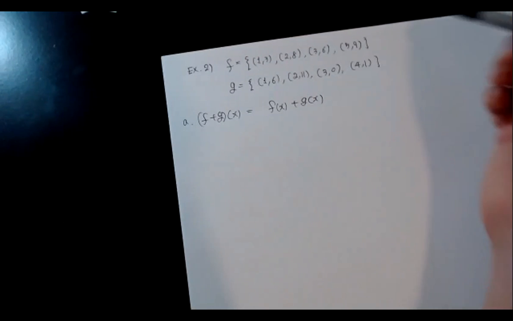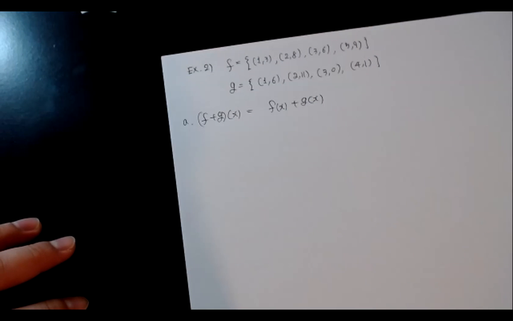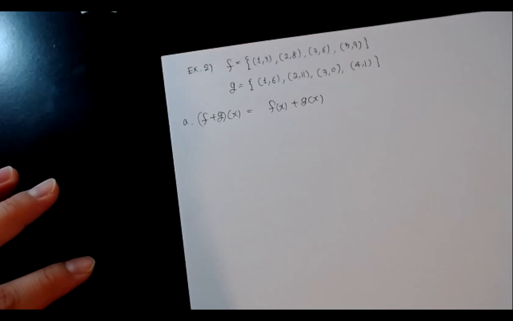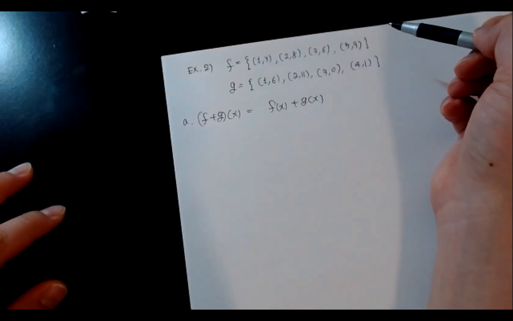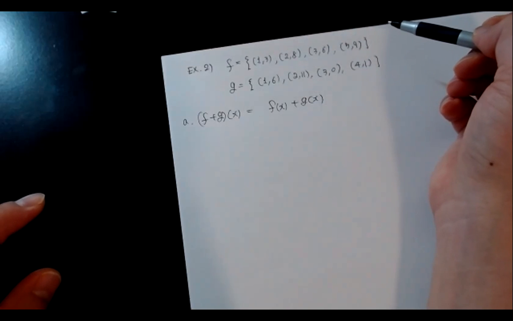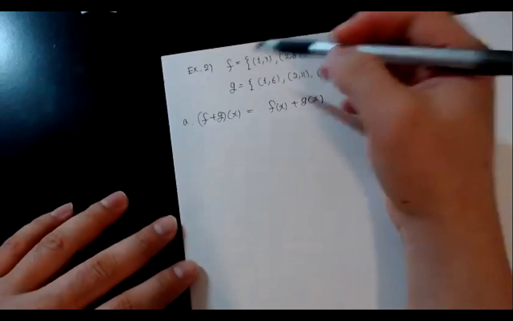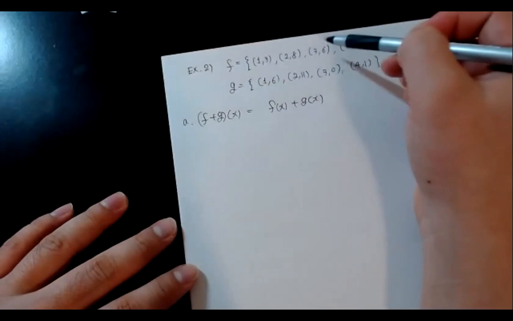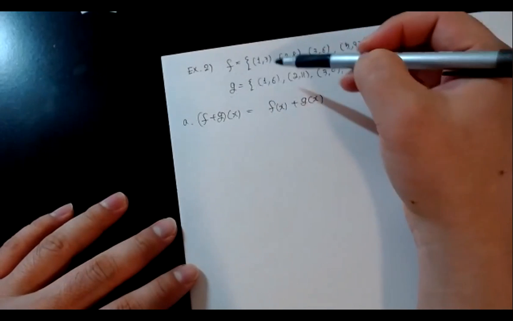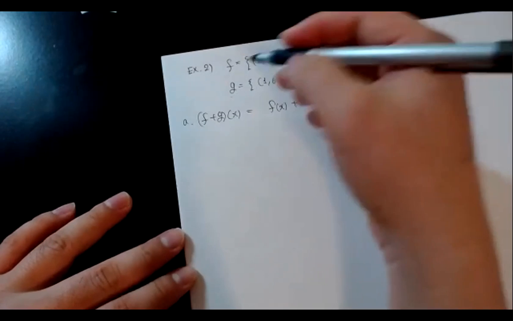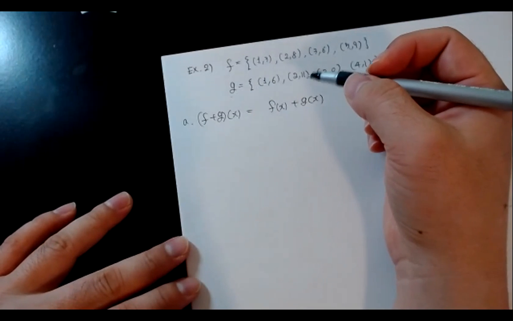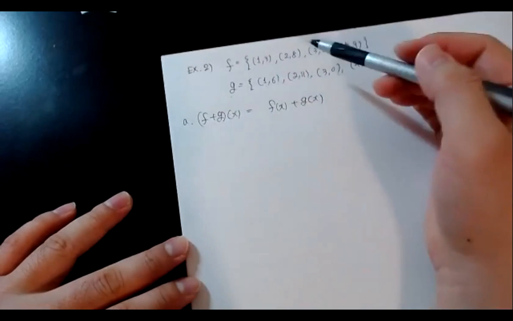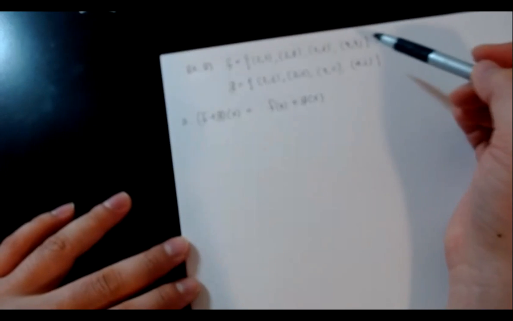Since the functions are not given by equations, we got just a finite number of x coordinates in the domain, right? For function f, we have 1, 2, 3, 5, and for function g, we got 1, 2, 3, 4, right? So we only evaluate the sum function at x equals what? 1, 2, 3, and 4, 5, right?